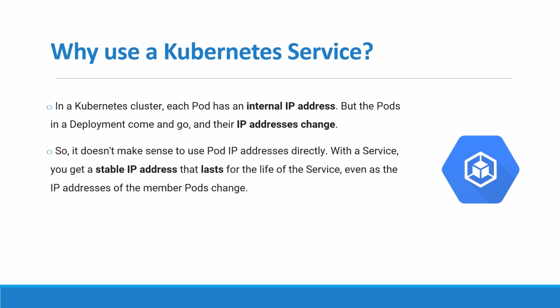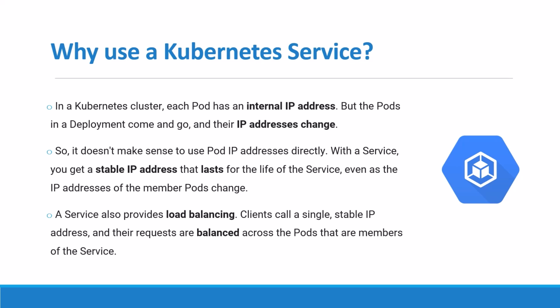With a service, you get a stable IP address that lasts for the life of the service, even as the IP addresses of the member pods change. A service also provides load balancing. Clients call a single stable IP address, and the requests are balanced across the pods that are members of the service.